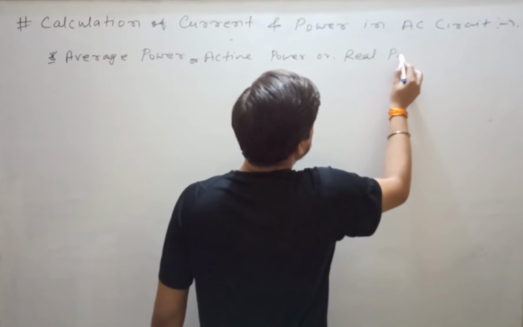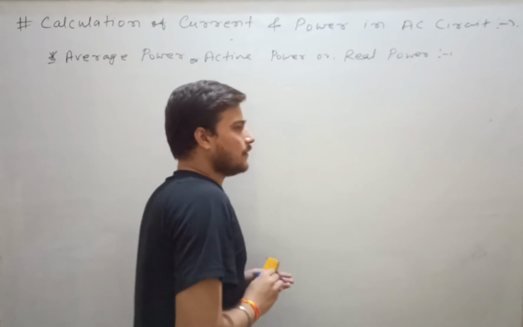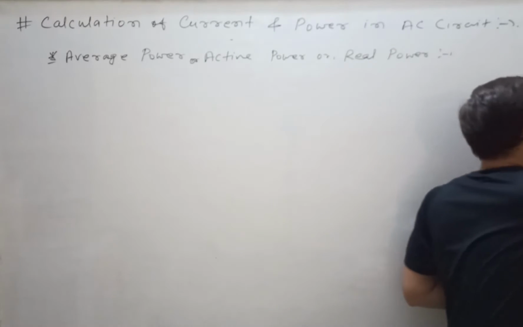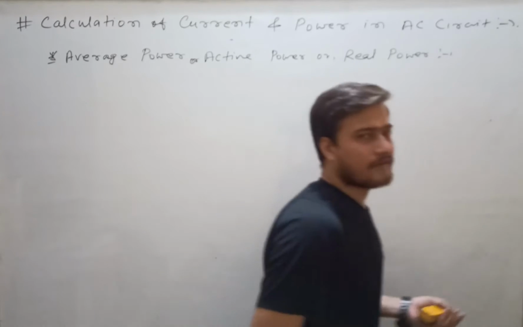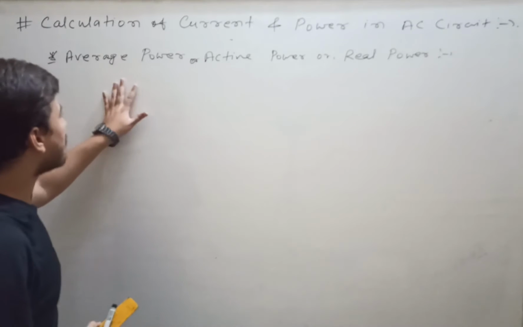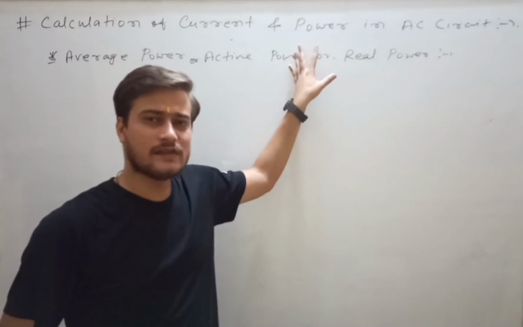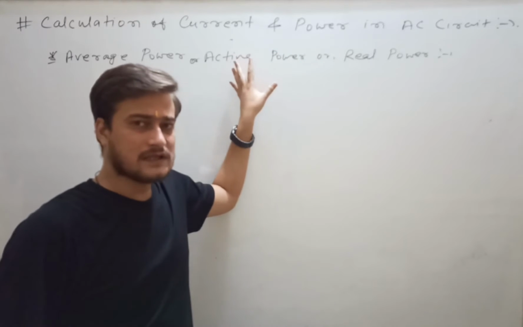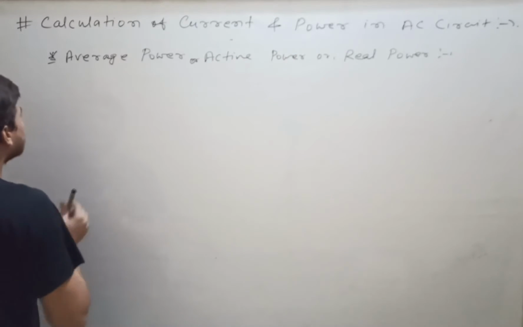In network theory, you will see many questions in the GATE examination asking you to find average power or real power or active power. So don't get confused by the names. All these three names are the same.